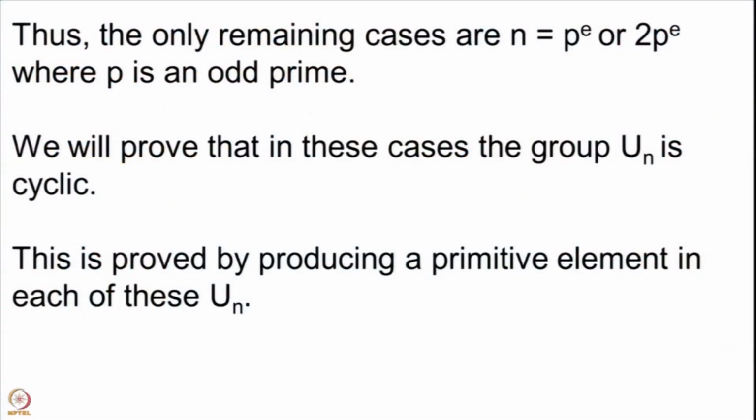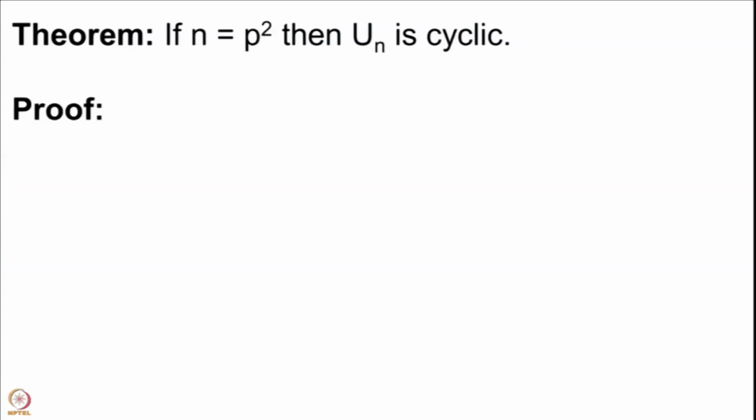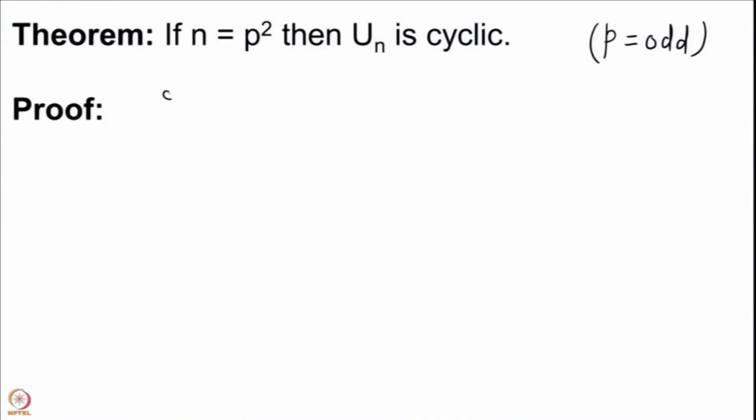So, the very first stage we actually have to look at p^e and 2p^e, but we will start with the case where n is p^2, and remember this is something that I will not repeat, that p is always an odd prime. So, we are going to prove that whenever n is p^2, then Un is a cyclic group. So, one basic statement here that we are going to use is the following.